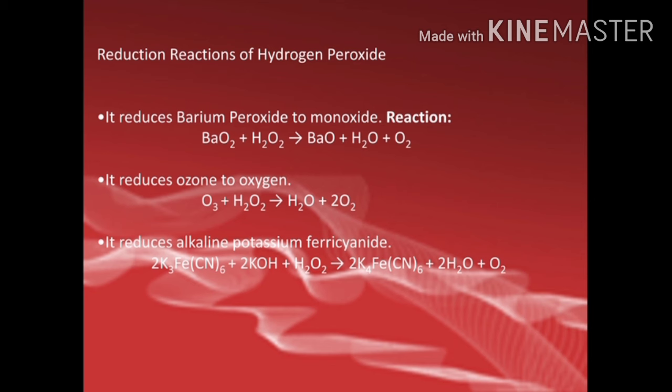Ozone, molecular formula O3, reacts with hydrogen peroxide to give H2O plus O2. Hydrogen peroxide reduces alkaline potassium ferricyanide into potassium ferrocyanide. So, hydrogen peroxide is also involved in reduction reactions.